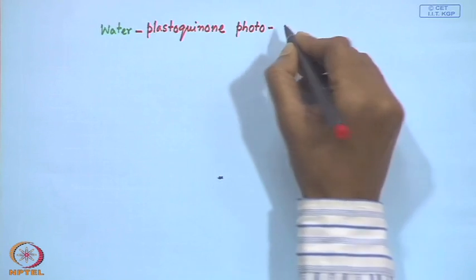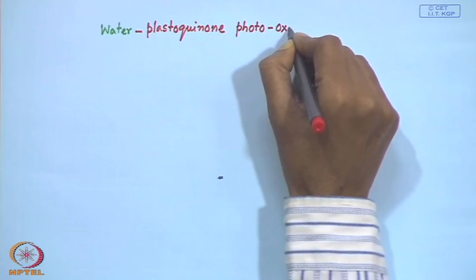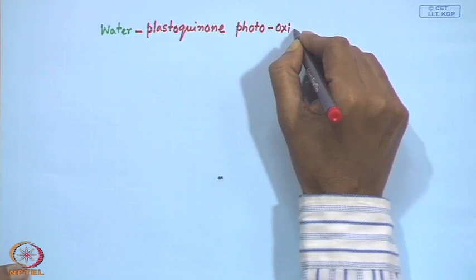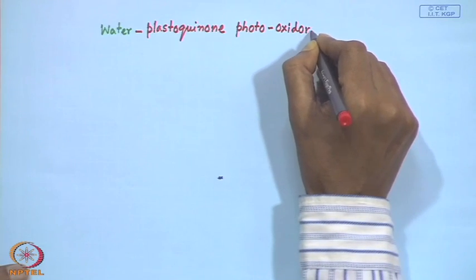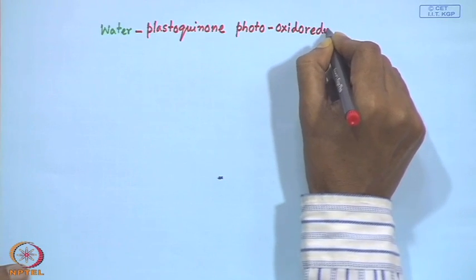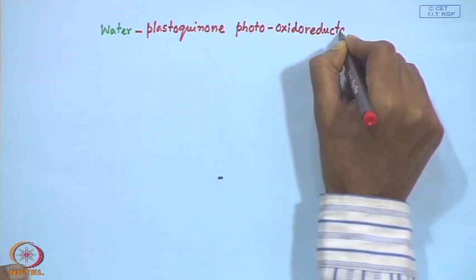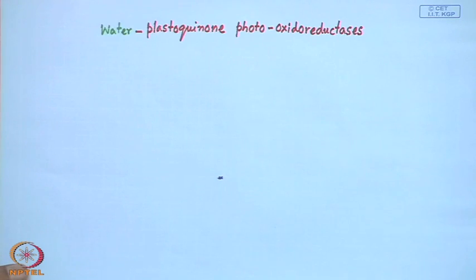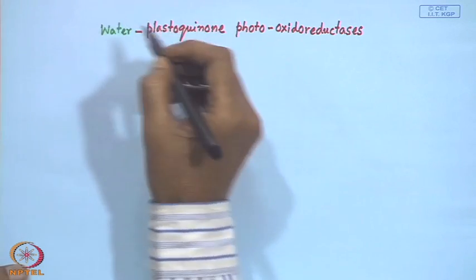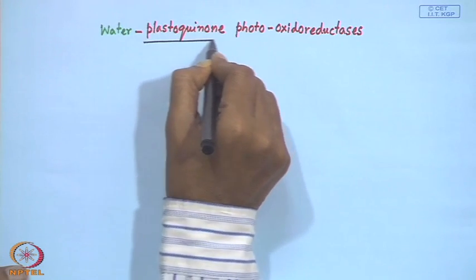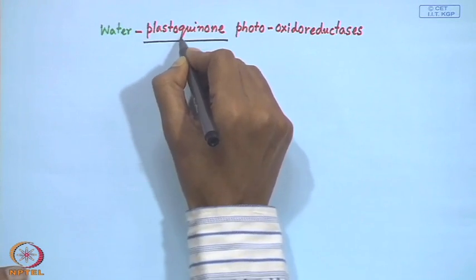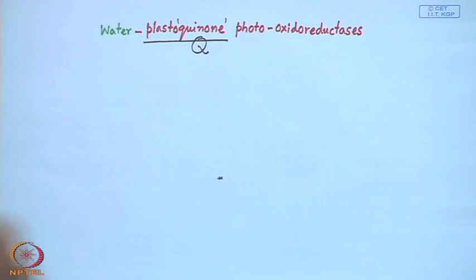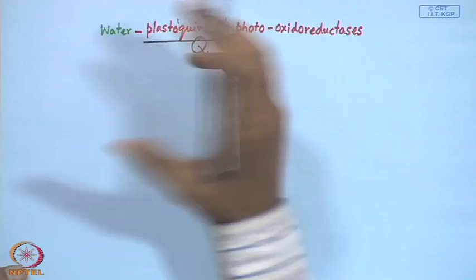So, photo oxidoreductase. This nomenclature we know already, oxidoreductases. This is a very important and very simple thing, because this is nothing but your quinone. It is a big Q, a quinone form. Plastoquinone is nothing but quinone.